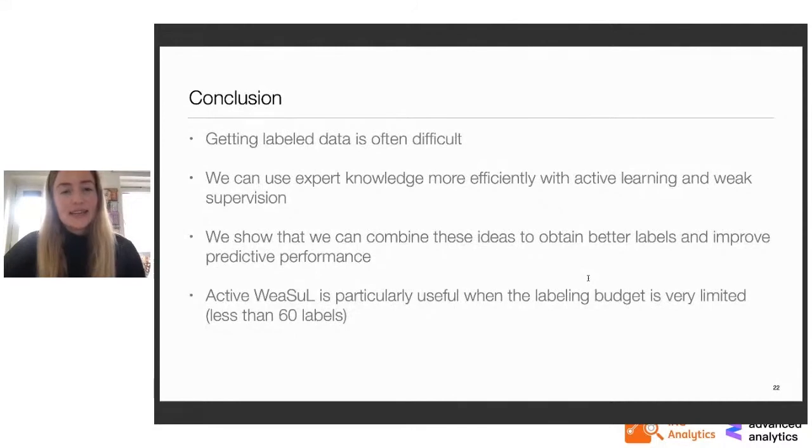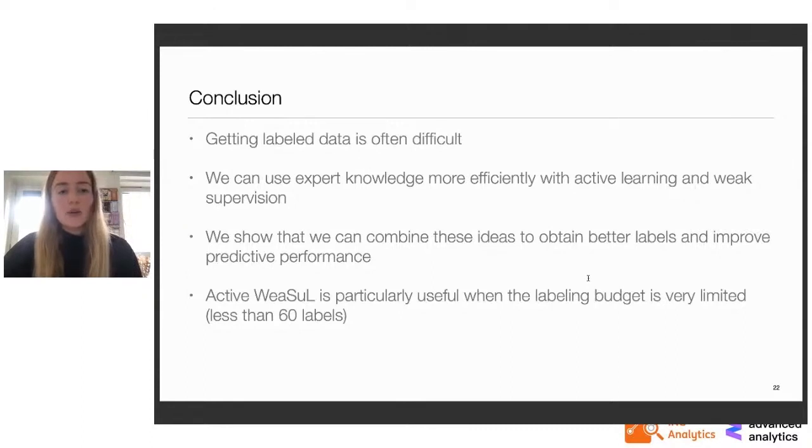All right, so to conclude quickly, in many problems, it's difficult to get enough labeled data for your model. So it's a good idea to try and use your expert knowledge as efficiently as possible with techniques like active learning and weak supervision.